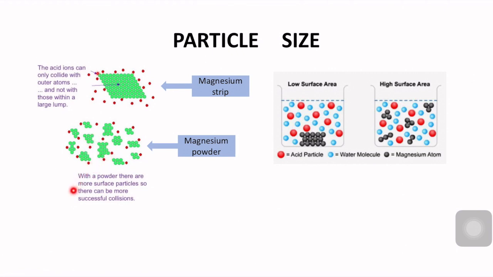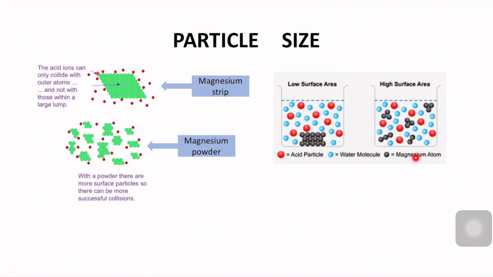So with a powder, there are more surface particles, so there can be more successful collisions. If you can't see it in this diagram, you can have a look in this one. So you are reacting magnesium and acid. If your magnesium is in lump, or you're using a magnesium strip, this is only giving you a low surface area for the red molecules to react with your magnesium strip.